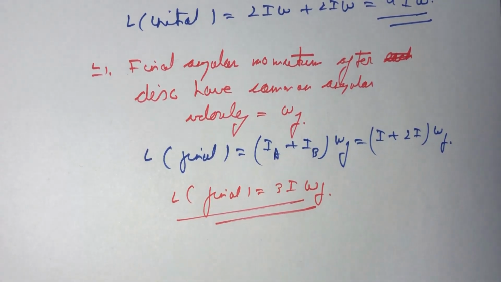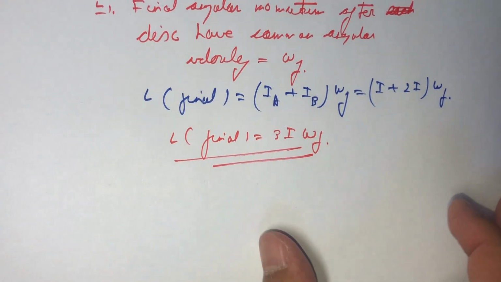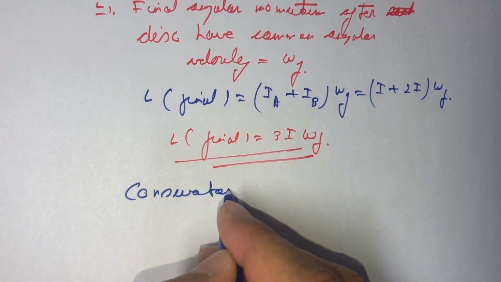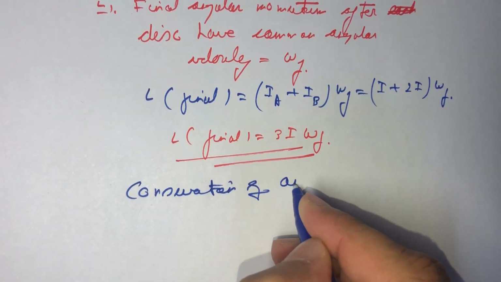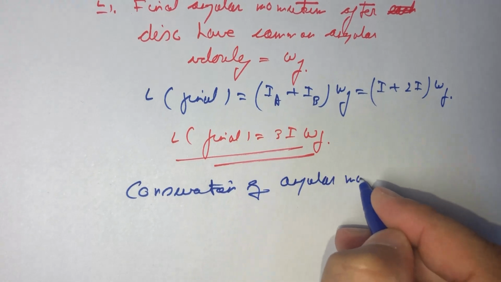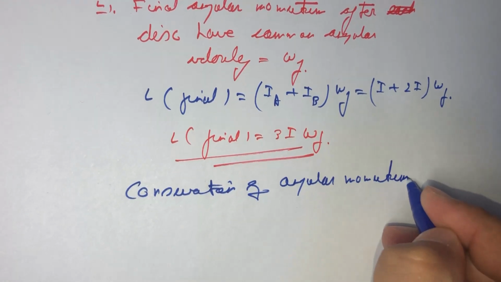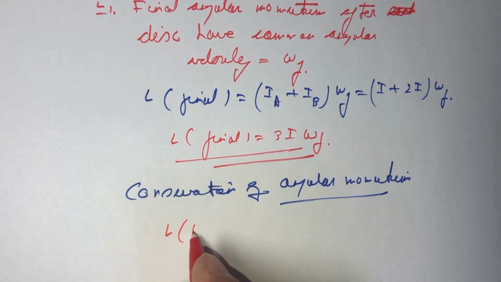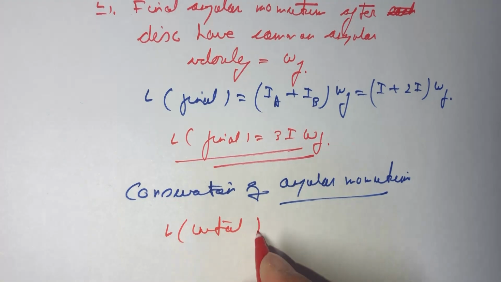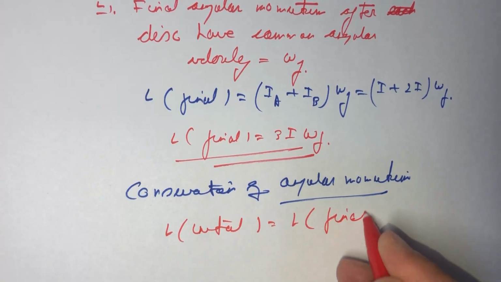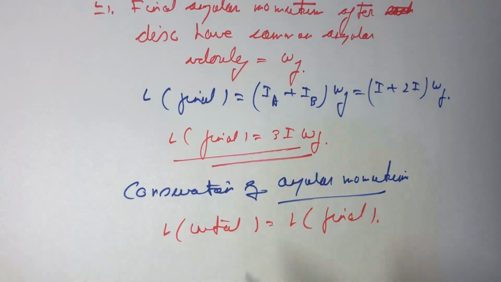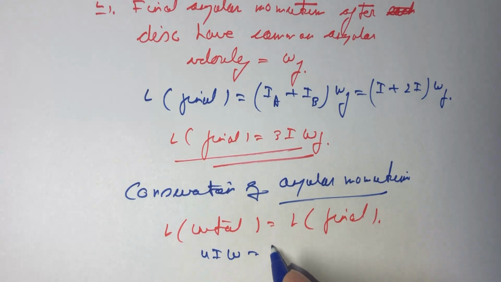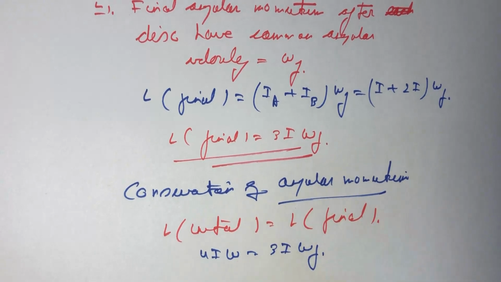Now using conservation of angular momentum, L initial is equal to L final. So L initial we have 4I omega, L final we have 3I omega f.